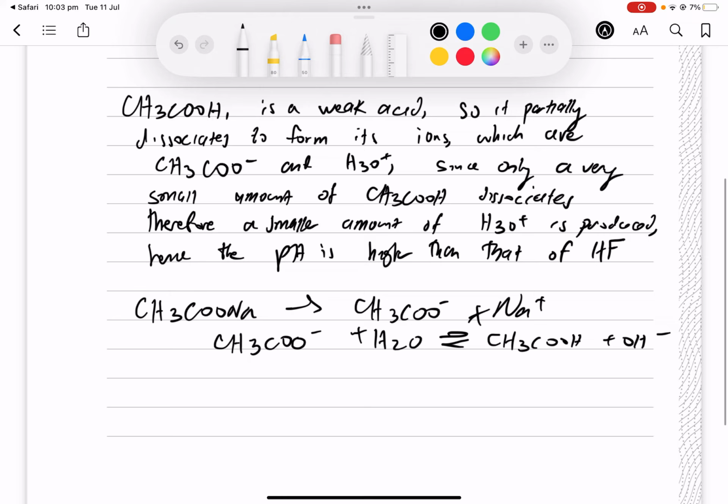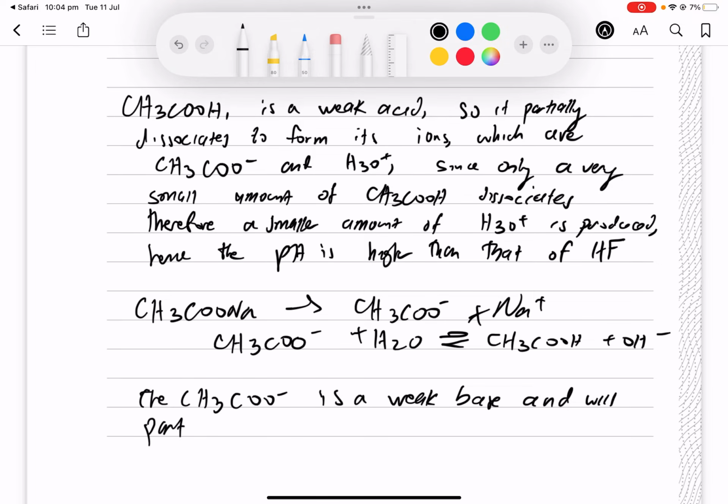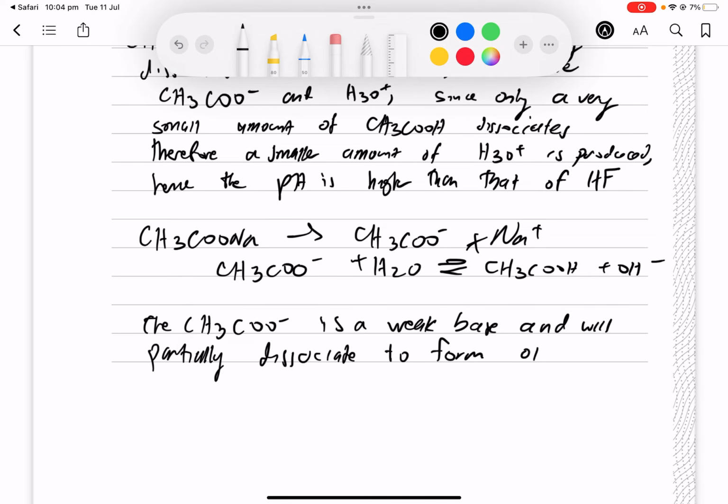So CH3COO minus is a weak base and will partially dissociate to form some OH minus ions and CH3COOH.